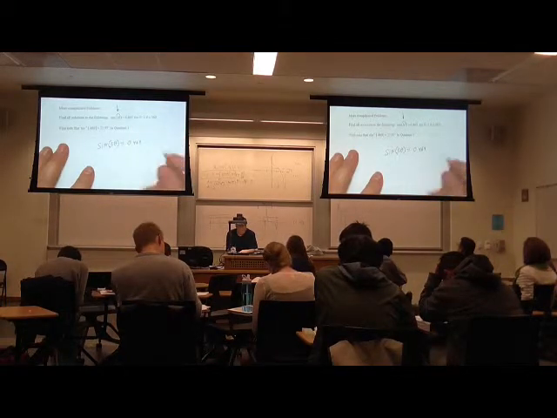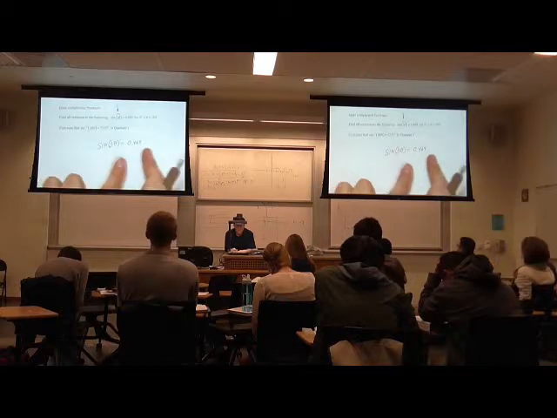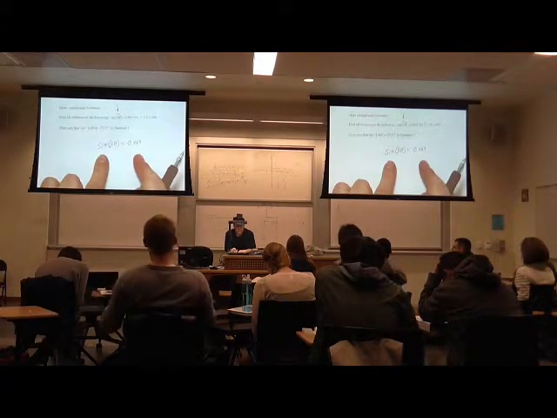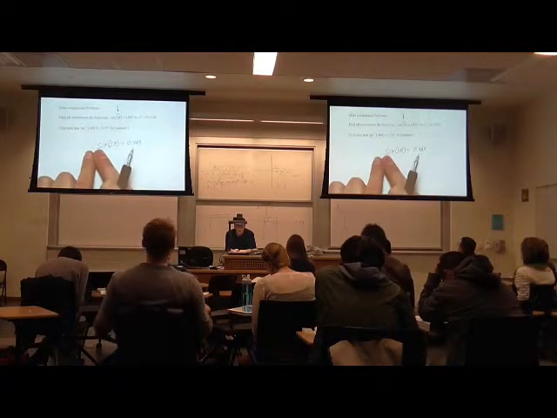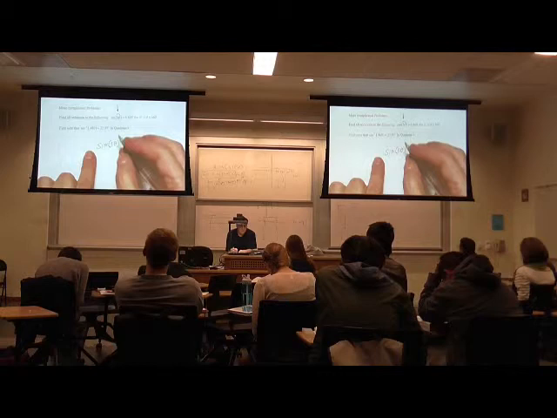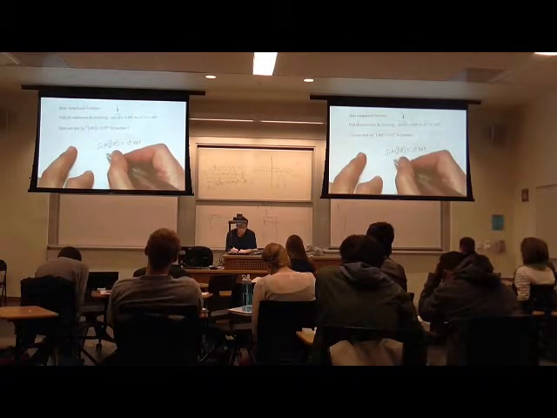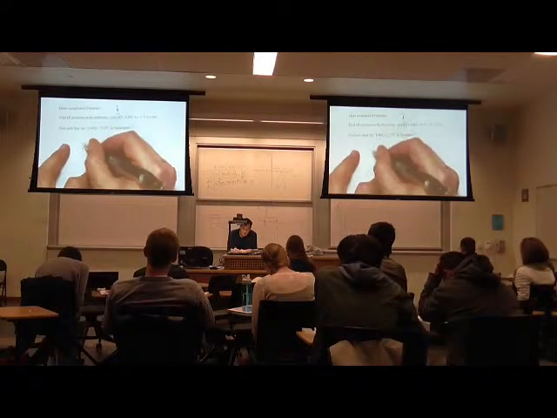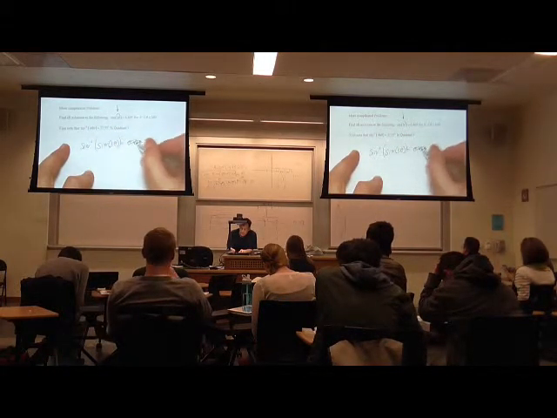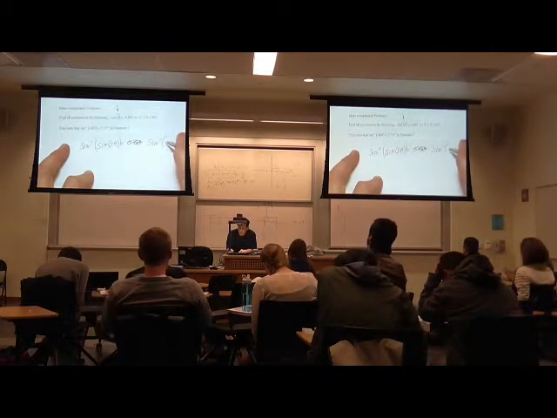I'm going to take the inverse sine on both sides. So the inverse sine of the sine of 3 theta is the inverse sine of 0.469.